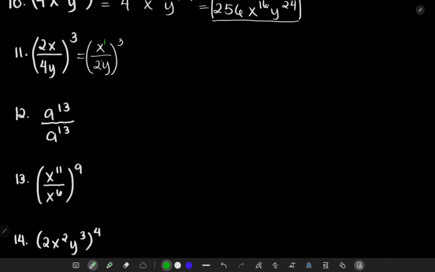And andyan lang yung invisible 1 na exponent natin. So that is equal to x cubed over 2 cubed y cubed. And 2 raised to 3 is 8.